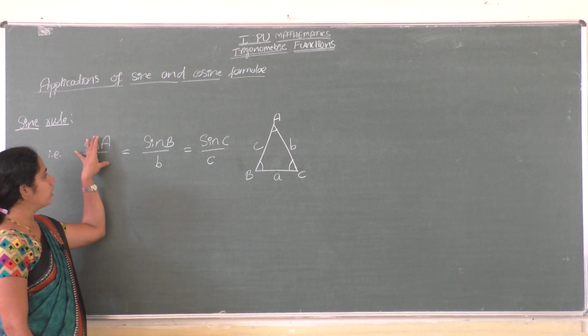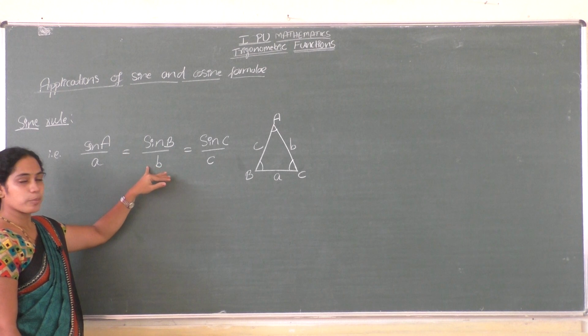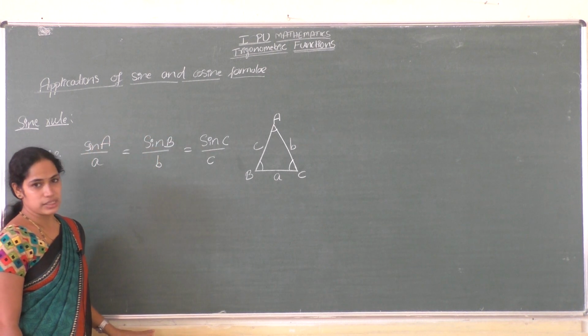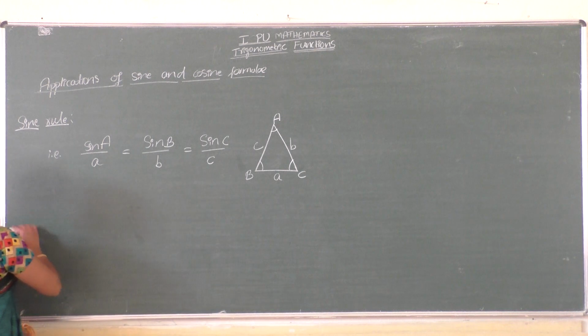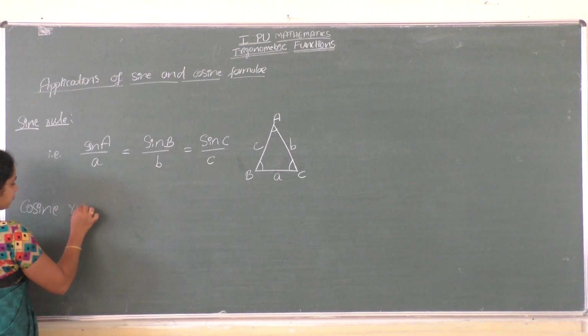Here, sides of a triangle are proportional to sines of angles. This is sine rule. One more is cosine rule.